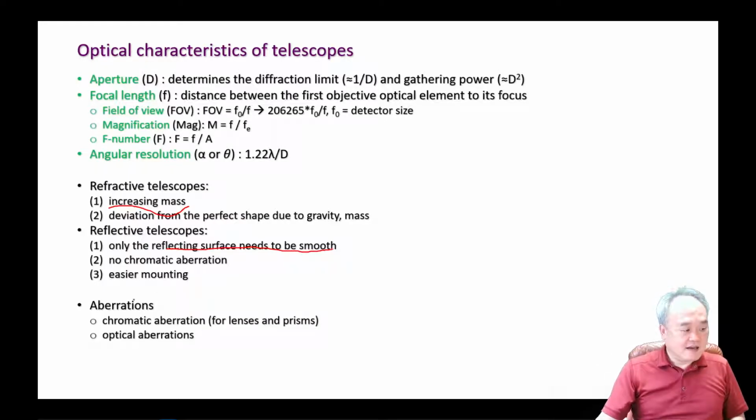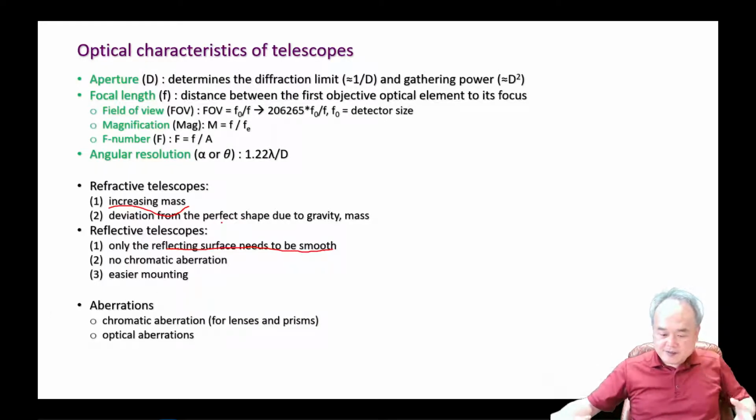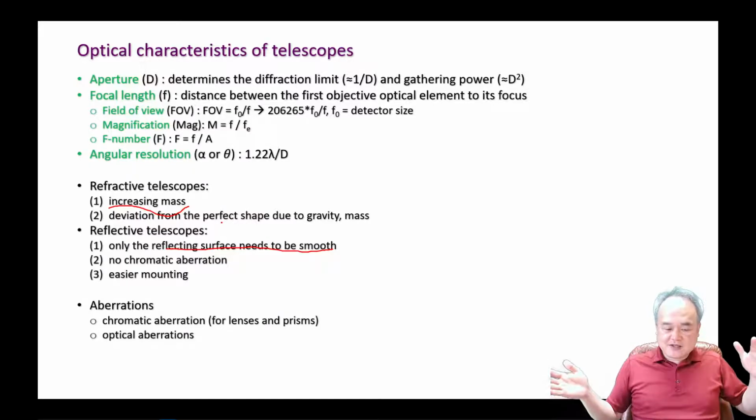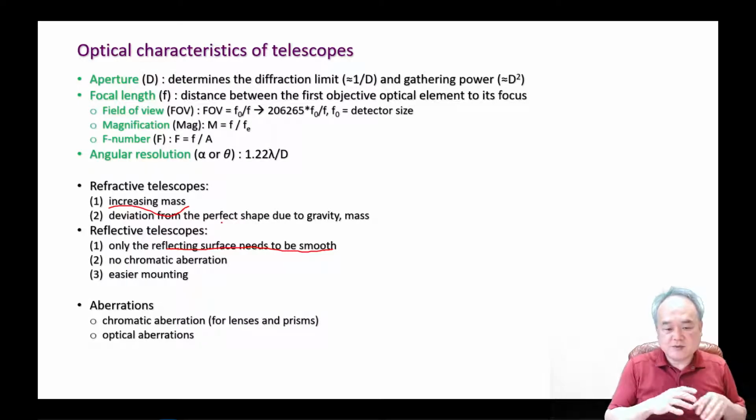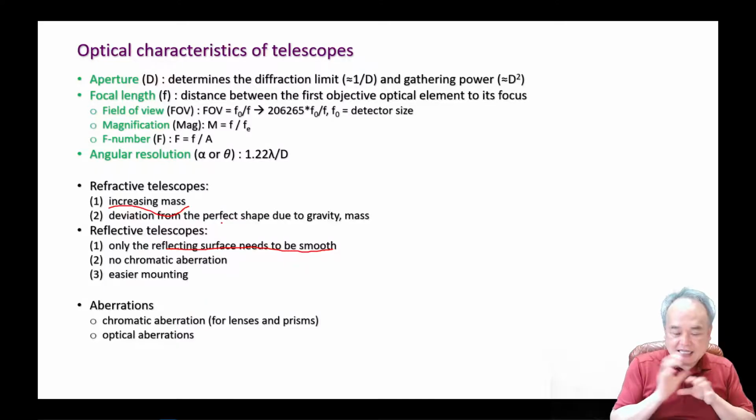Okay? And the reflective telescope, as we will see later on, has a shorter telescope tube and is less massive, so lighter compared to the same size refractive telescope, so it is easier to mount.